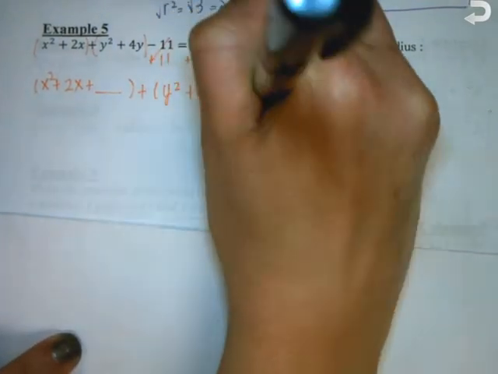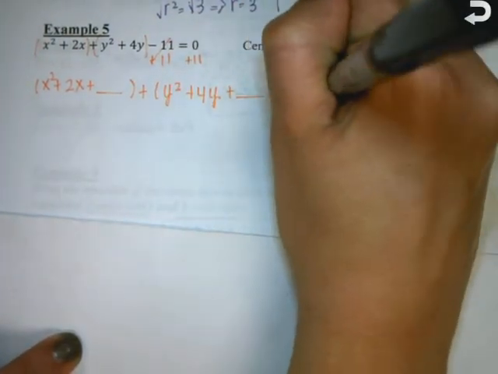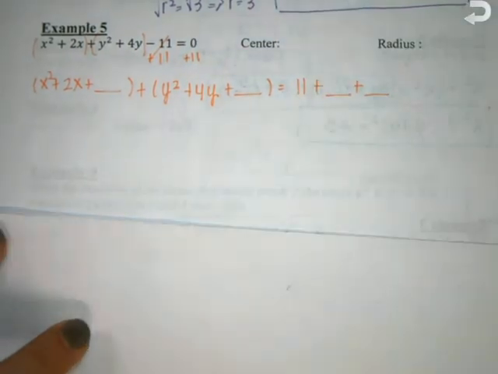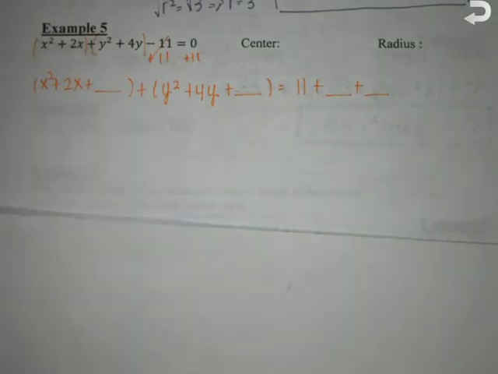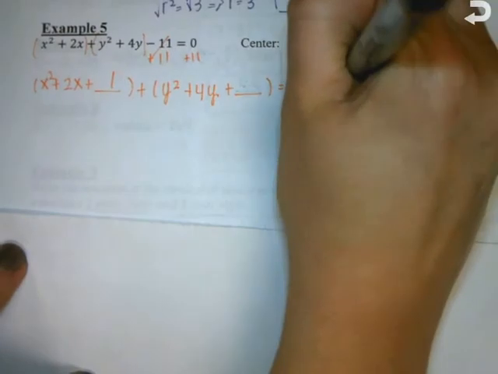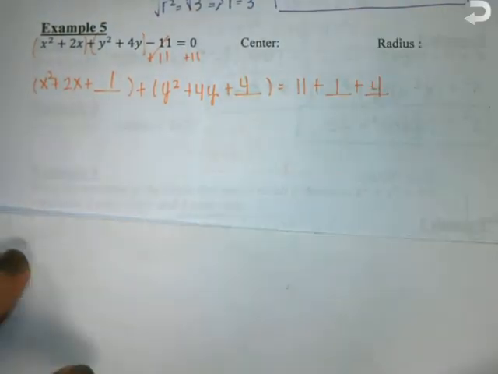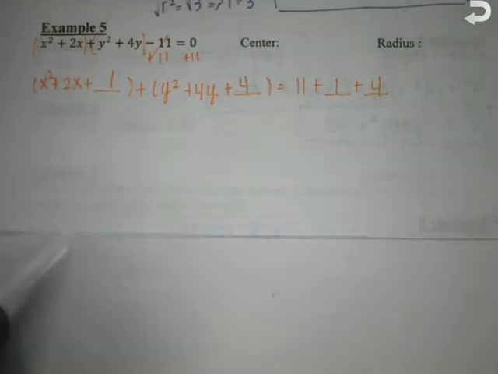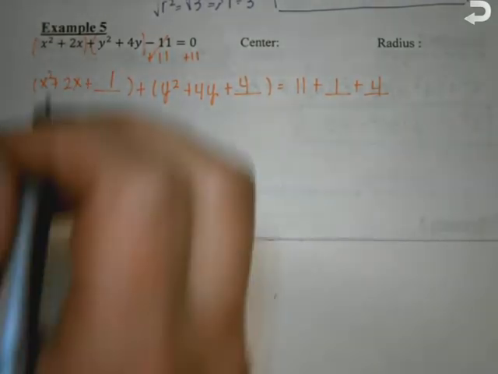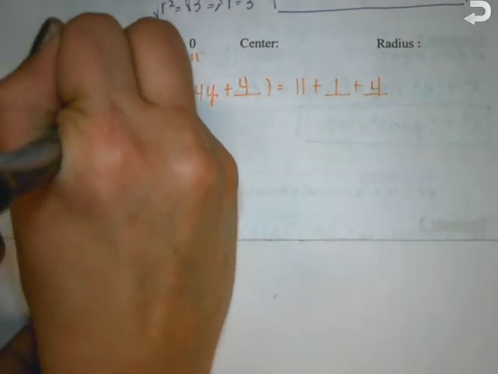No. So what goes in the blanks here? 1 and 4. Good. Okay, let's factor these perfect square trinomials. How does the x's factor? X plus 1 squared plus y plus 2 squared, good job, equals 11 plus 4 plus 1 is 16.